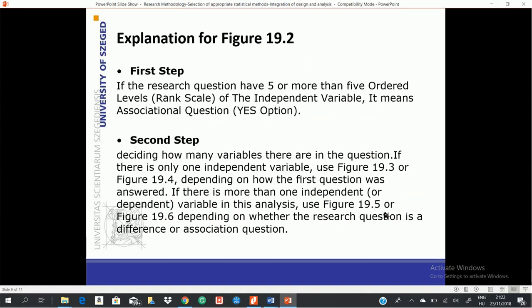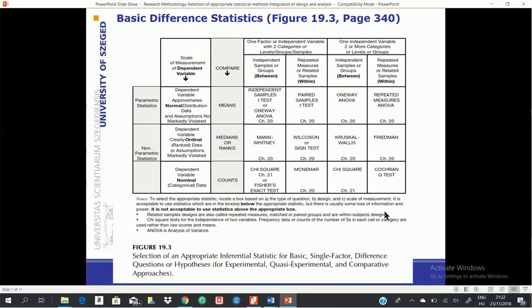Okay, this is the explanation for the previous image. Let me start with figure 19.3, page 340. This is basic difference statistics, or the compare group analysis.